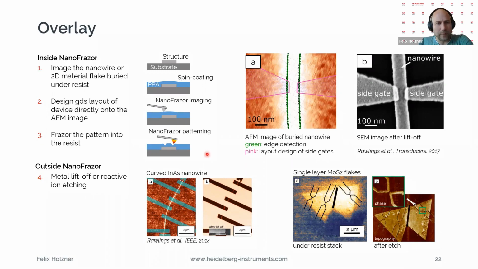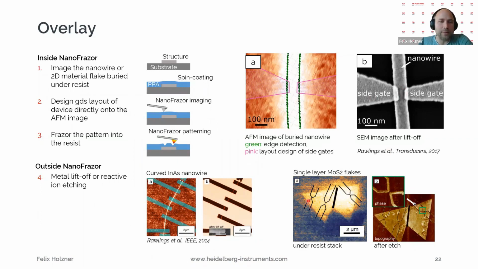We do that for high resolution or high accurate overlay. We do that differently. You can actually image the structure which is buried under resist. You can detect it, and then you draw on your AFM image. You can draw the structures you want to write, like these side gates here on these nanowires.